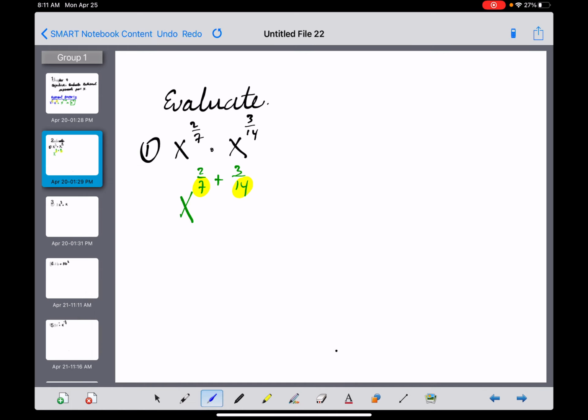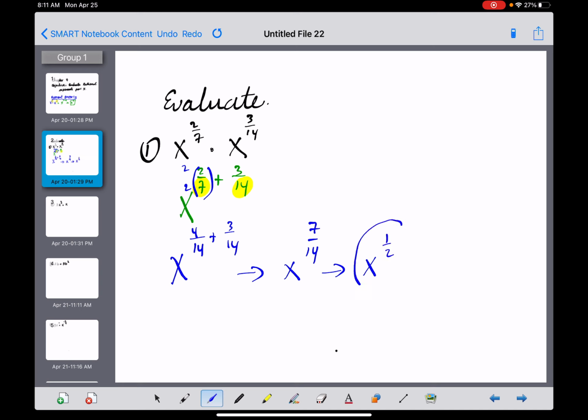The least common denominator is 14, so we multiply this part by 2 over 2. That gives me 4 over 14 plus 3 over 14, which is 7 over 14. You can still reduce this fraction further, so the final answer is x to the 1/2. And that's your answer, okay?